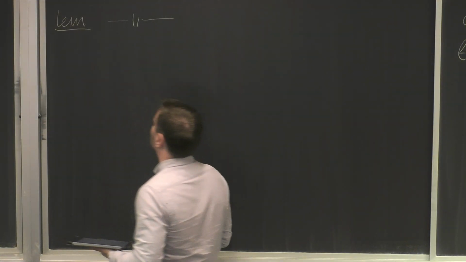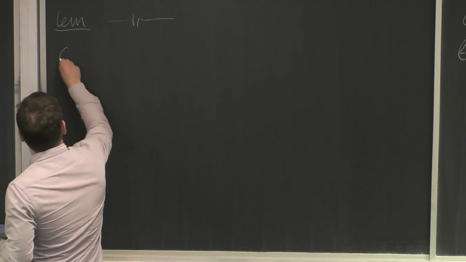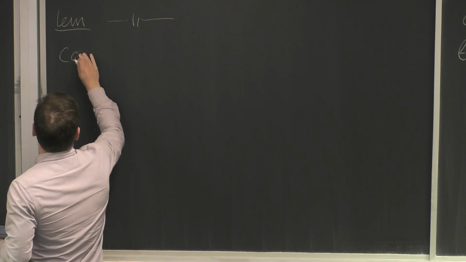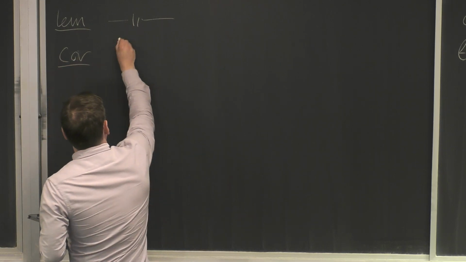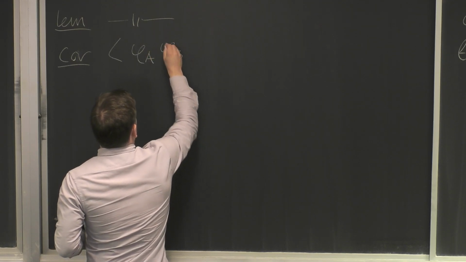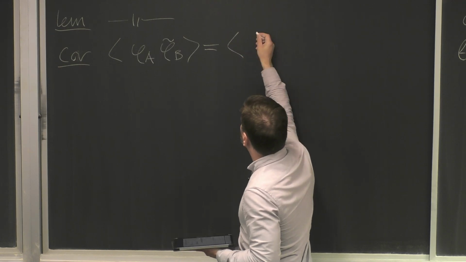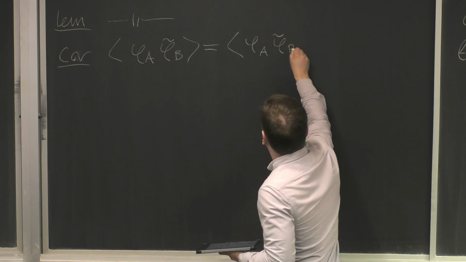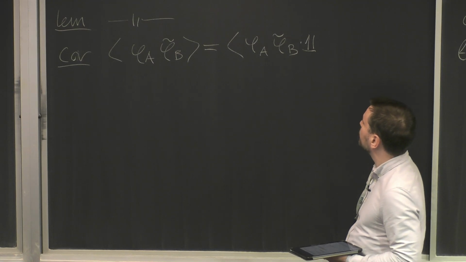I will not write it down. But from that lemma, the following thing, which goes back to where the whole discussion started, a corollary, is that if I look at such correlation functions of phi and phi tilde, then this is the same as if I plug in an indicator function here of some event.